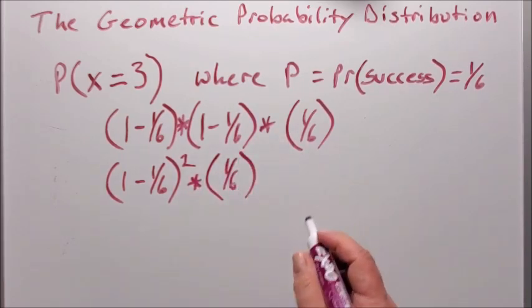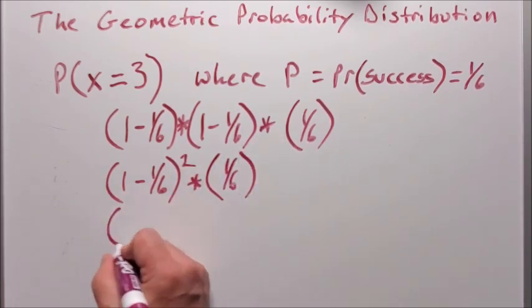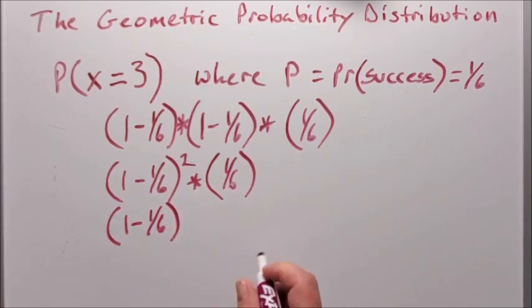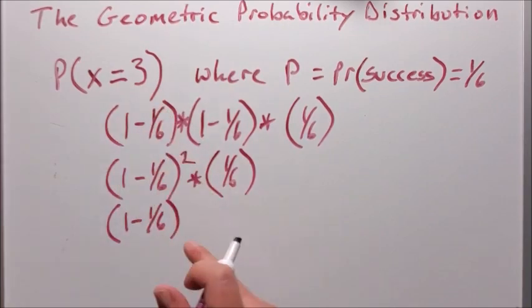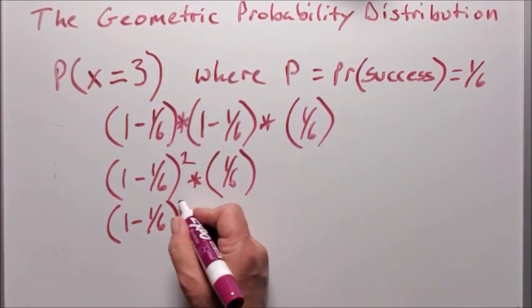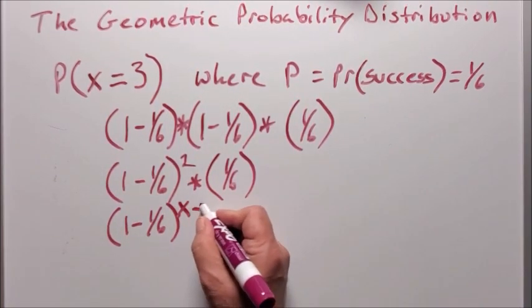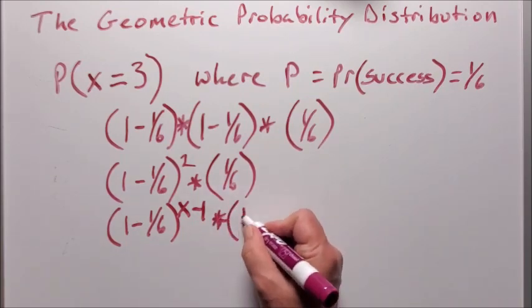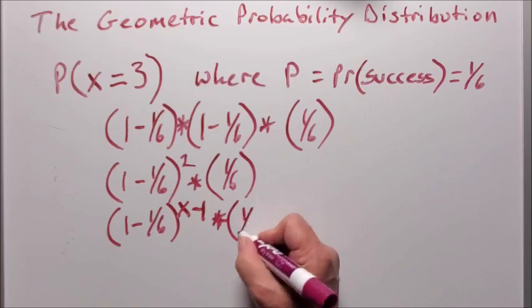Another way to write that would be the probability of failure to the power of 3 minus 1. This is how it's written: x minus 1 times the probability of success.